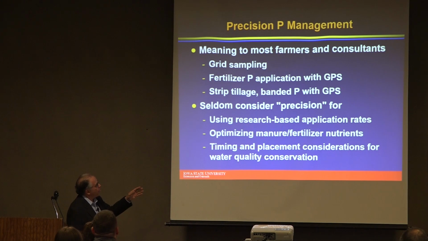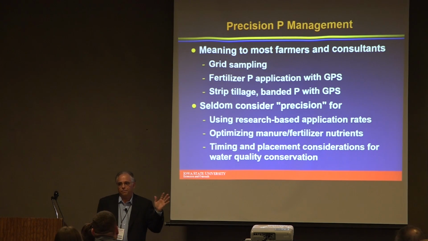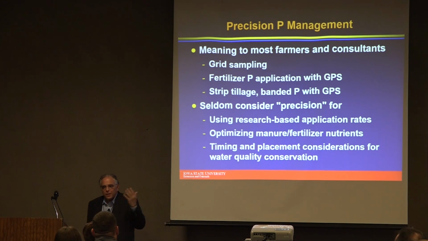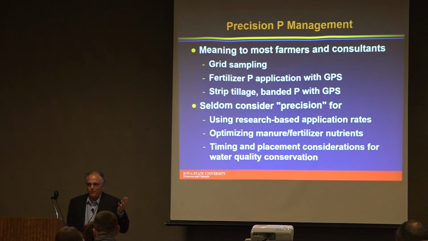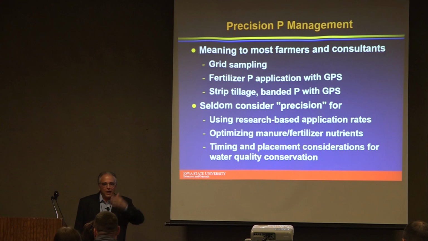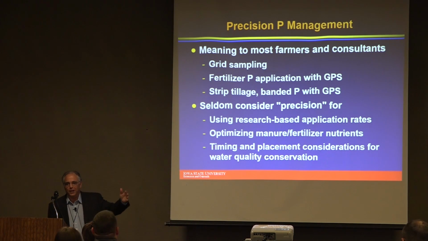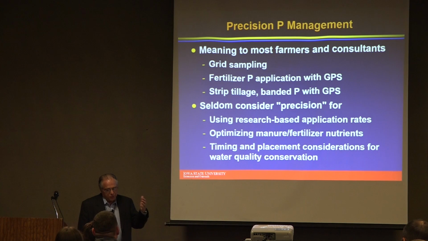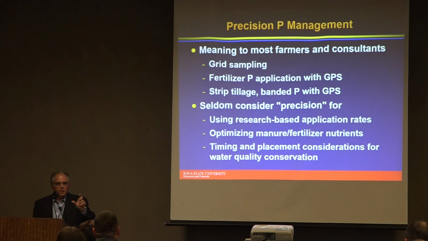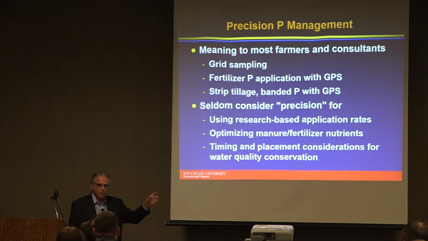So for example, using research-based application rates. That should be precision management too, not applying phosphorus or potassium just in case, to assure a high level. Optimizing the use of manure and fertilizer. It's not easy because the nutrient ratios in manure do not match the nutrient needs of crops.